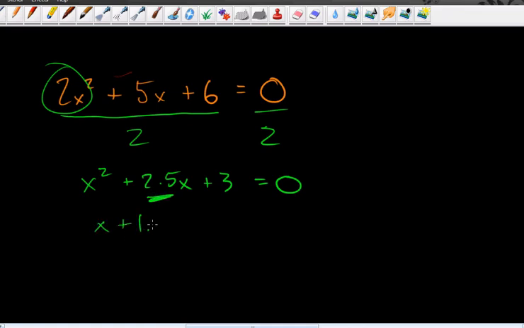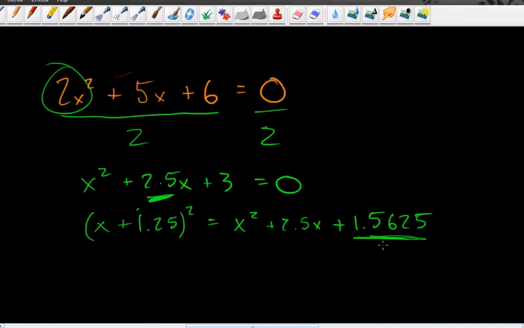Well, from here, I can do the same thing I thought about before. What's half of 2.5? 1.25. If I squared that, I'd have x squared plus 2.5x plus 1.5625. So that tells me that I'm going to have to add 1.5625 to both sides.